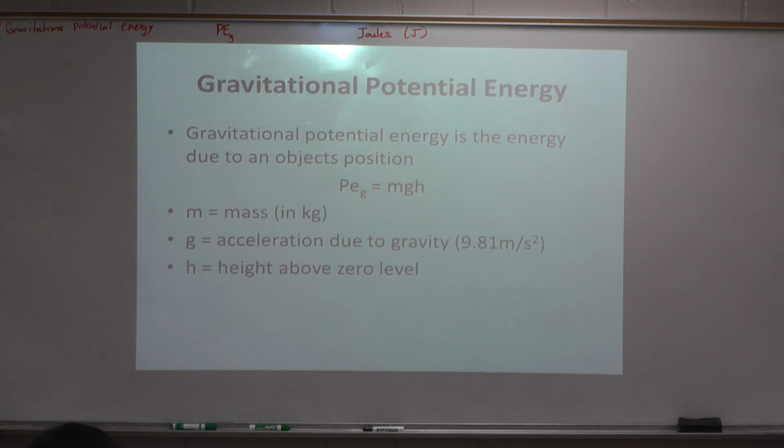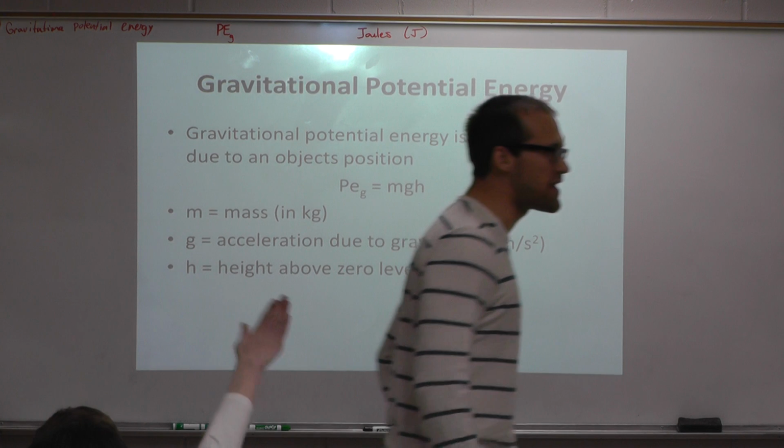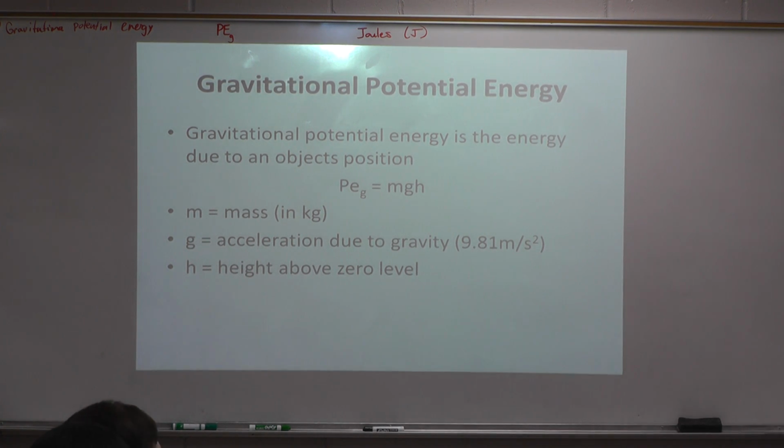Well, how much does gravity accelerate any object, regardless of the mass? 9.81 meters per second squared. So it accelerates a feather at 9.81 meters per second squared, and it accelerates Bobby at 9.81 meters per second squared. You fill in the blank, it accelerates it at.